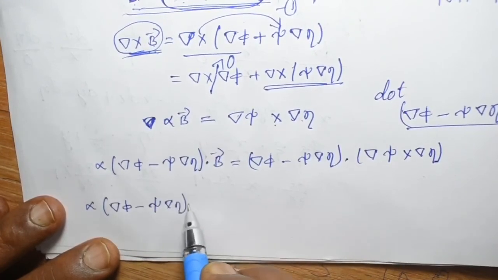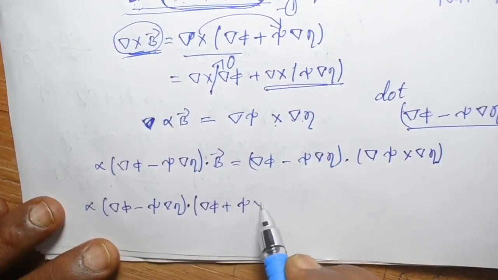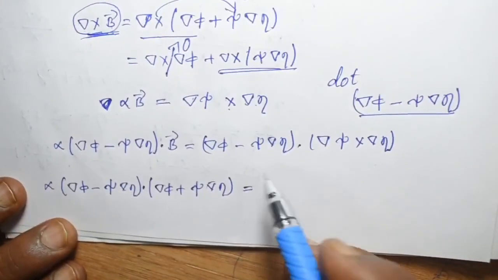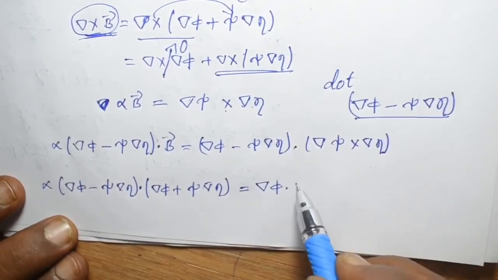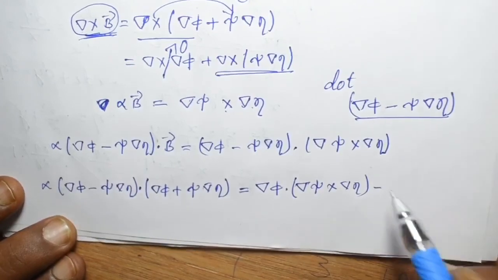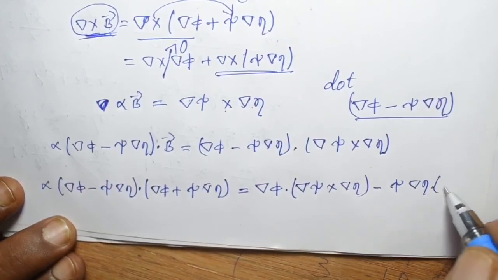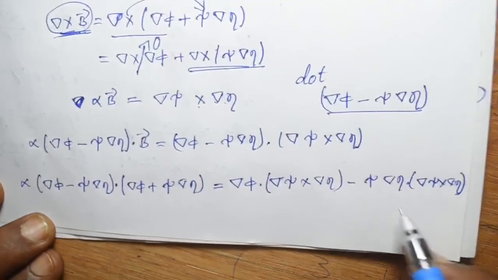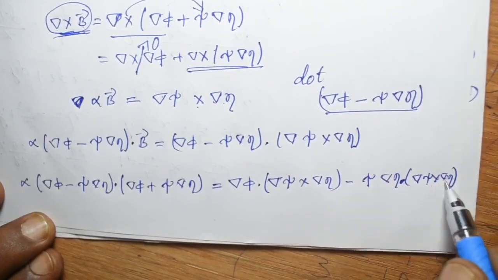And substitute B, gradient of phi plus chi into gradient of eta, because B you know, by substituting this term, the right hand side is given by gradient of phi dot, expanding, gradient of chi cross gradient of eta, minus chi into gradient of eta dot gradient of chi cross gradient of eta.